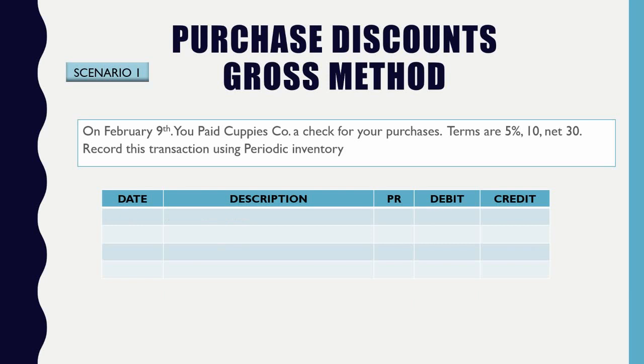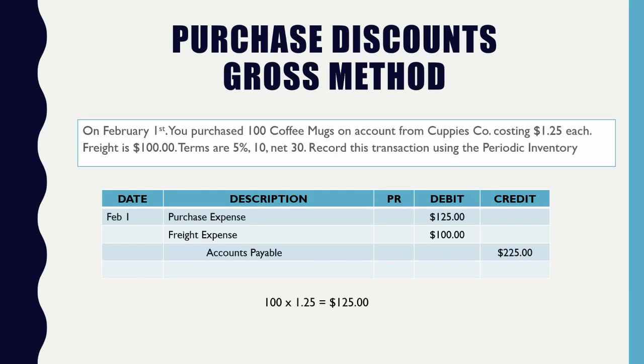But for now, know that this is true. If we're recording our purchases of inventory as a purchase expense, you can't just credit your purchase expense. It doesn't work like that, especially for periodic inventory. We need to create another account to decrease my purchase expense. You can title it whatever you'd like.